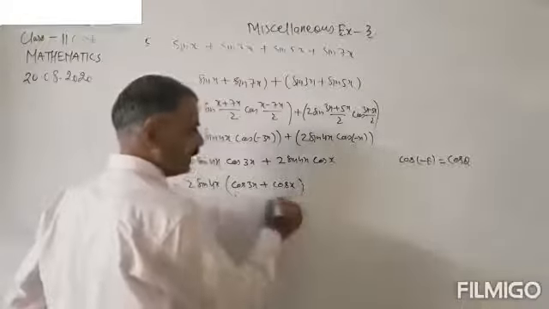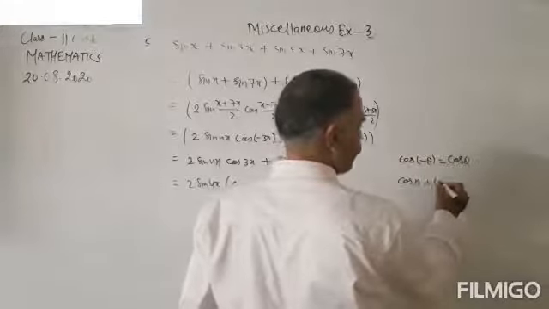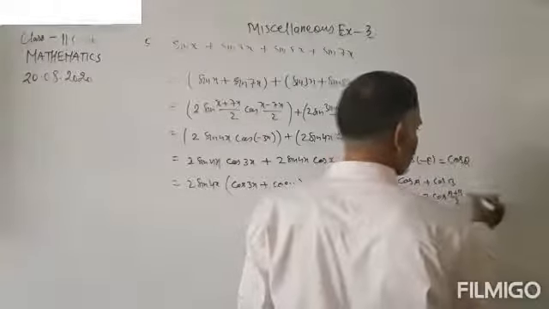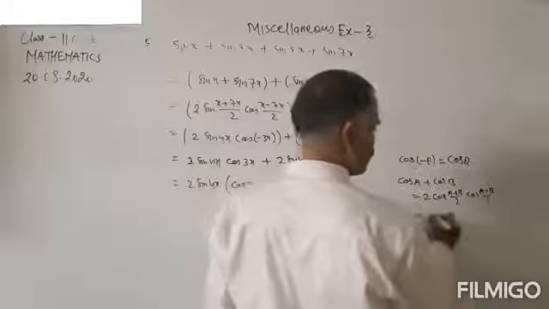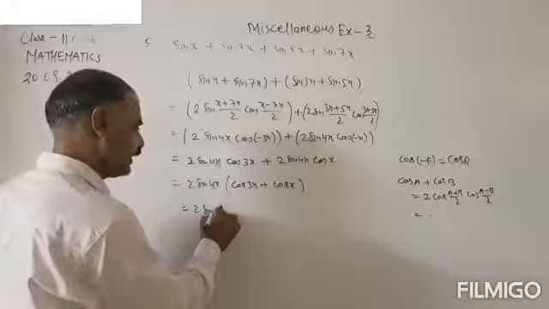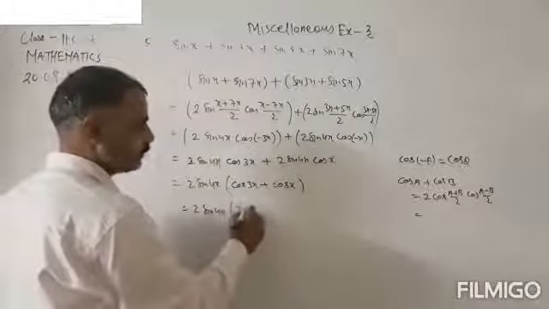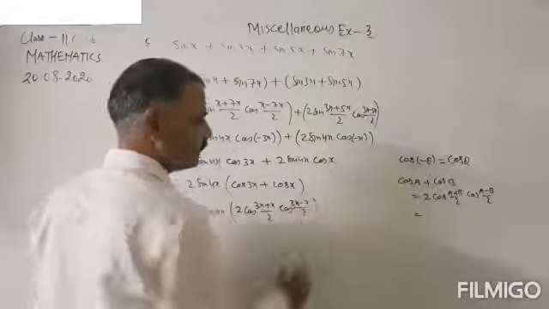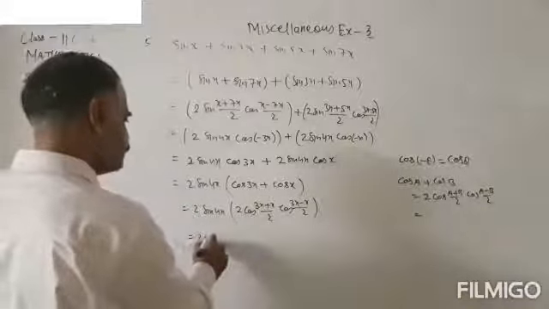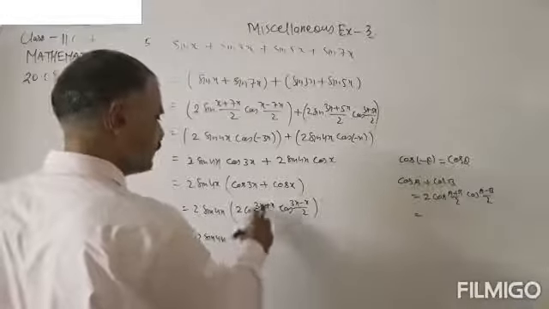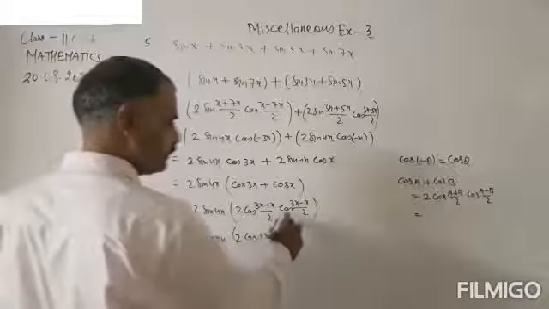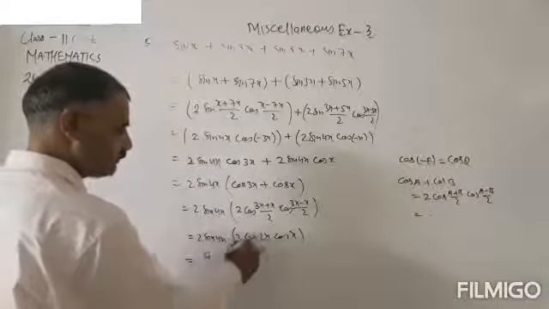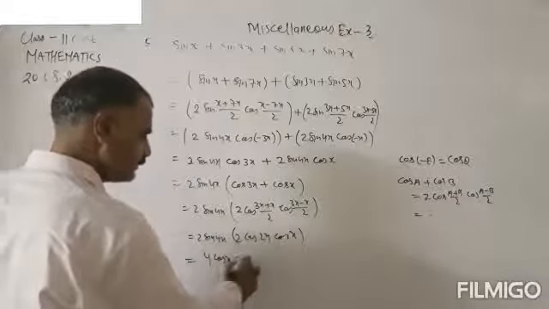Now using the trigonometric identity for cos a plus cos b, which equals 2 cos of (a plus b) upon 2 cos of (a minus b) upon 2, this is equal to 2 sin 4x times 2 cos of (3x plus x) by 2, that is 2x, cos of (3x minus x) by 2, that is x, and finally 4 cos x cos 2x and then sin 4x.